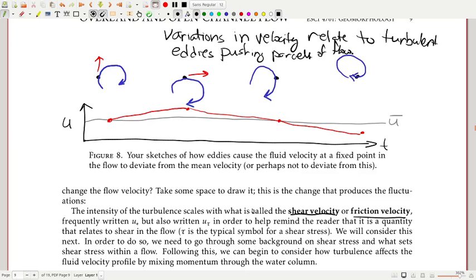And so that's going to be our next topic, kind of unpacking what causes different stresses to exist within a flow, and then thinking about how those stresses can set up toroidal motions, or can set up spinning motions, and how those spinning motions then become the eddies that we see in natural turbulent flows.